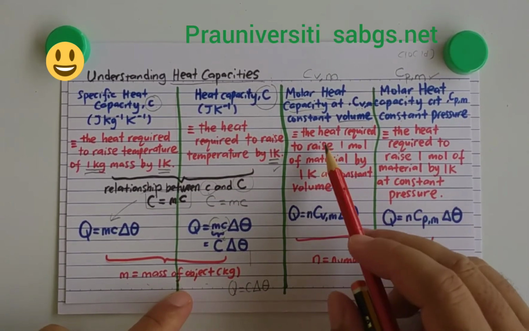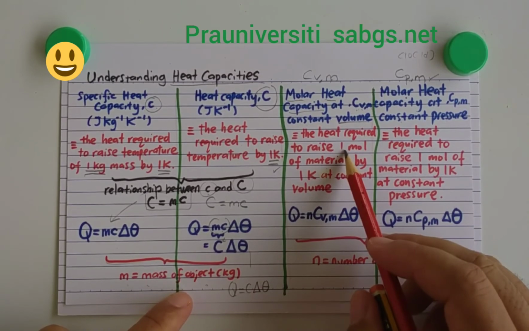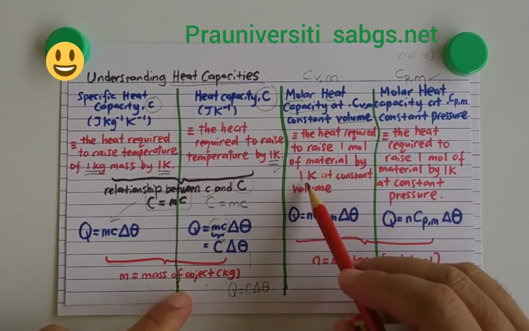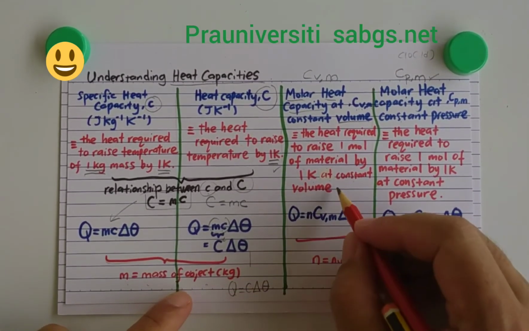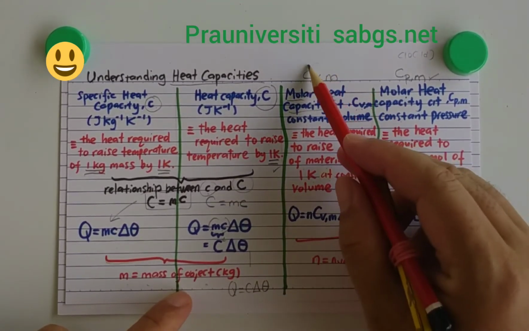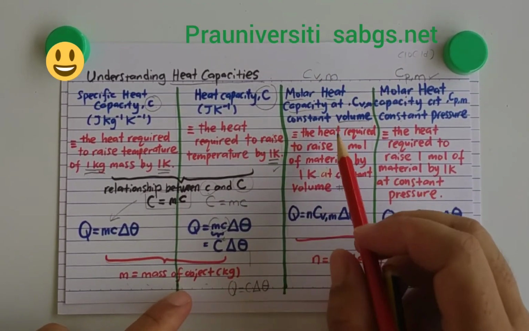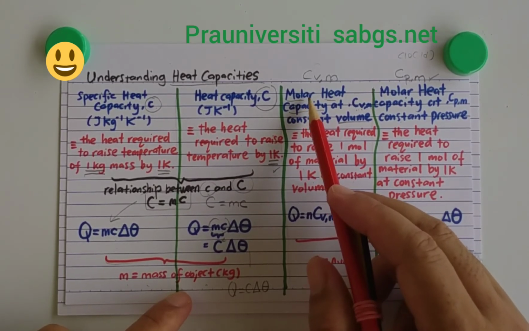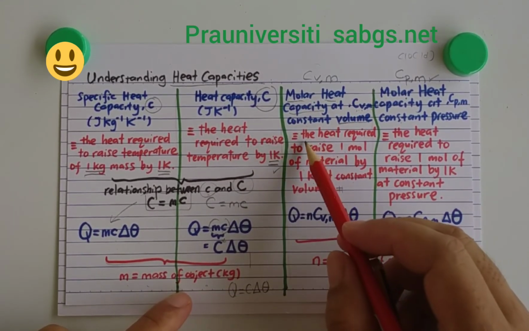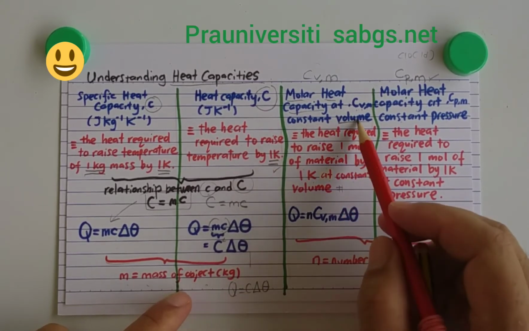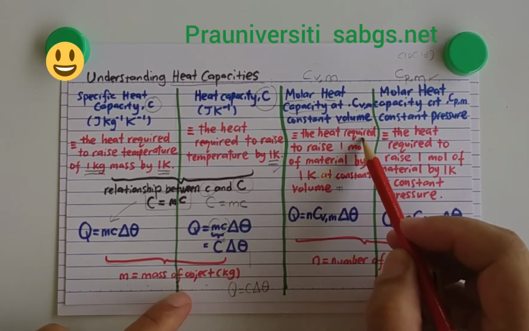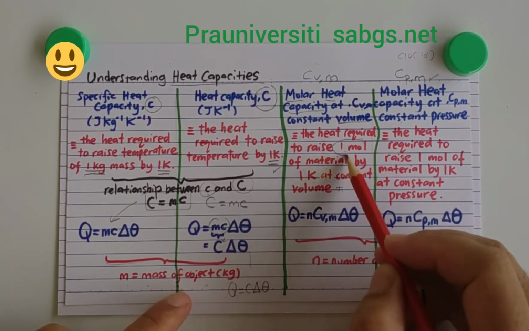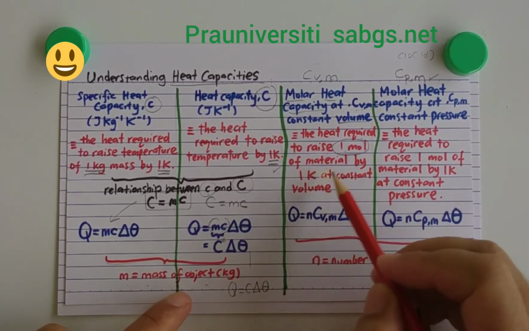So we continue. The heat required to raise 1 mole of material by 1 Kelvin at constant volume. So I repeat the definition of the molar heat capacity: at constant volume, the heat required to raise 1 mole of material by 1 Kelvin.